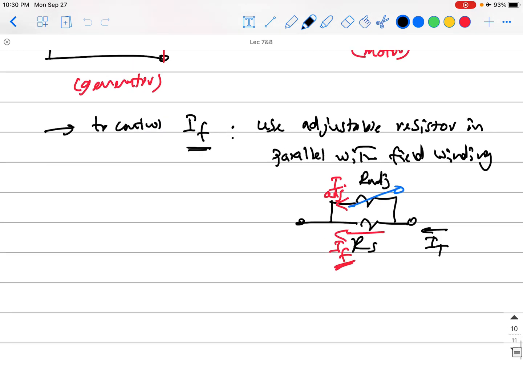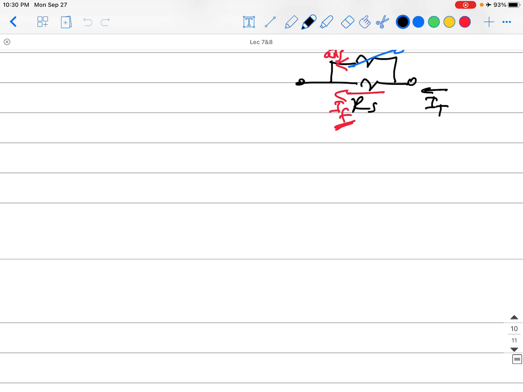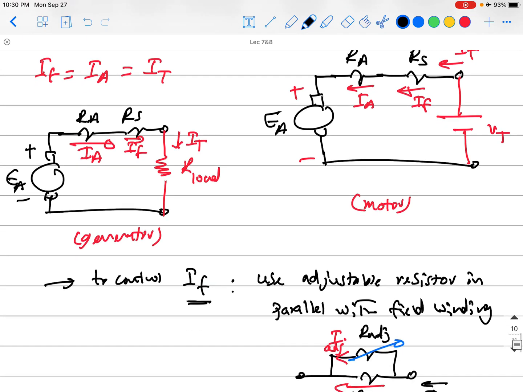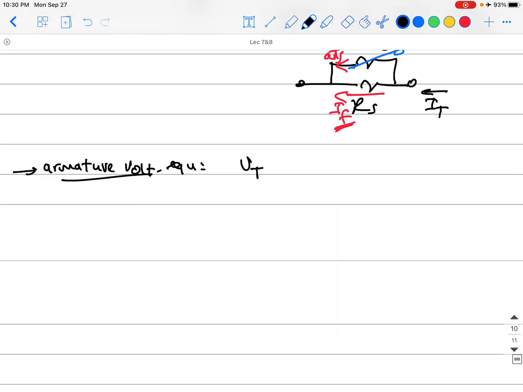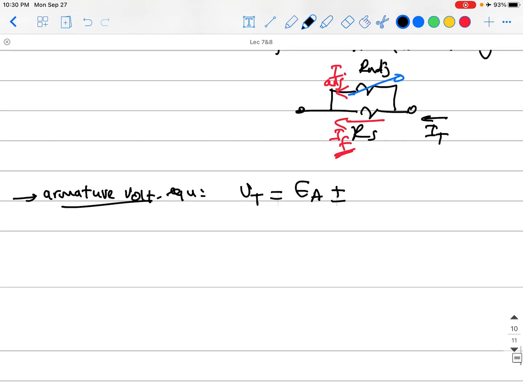The armature voltage equation, from the circuit you're seeing here, from our generator: V terminal will equal EA plus or minus the armature current, I armature, multiplied by RA plus RS.